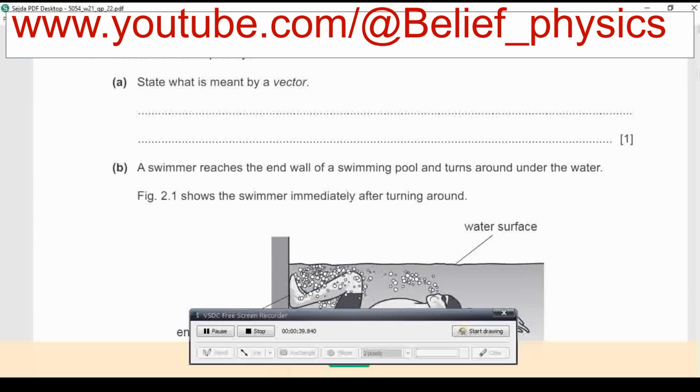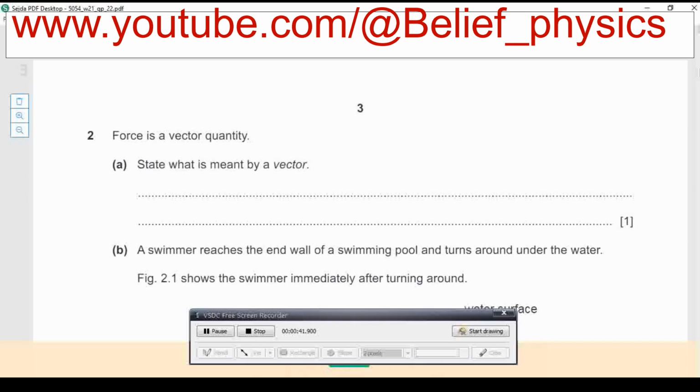Question number 2 says, force is a vector quantity, state what is meant by a vector quantity. So we have to write what is meant by the vector quantity.